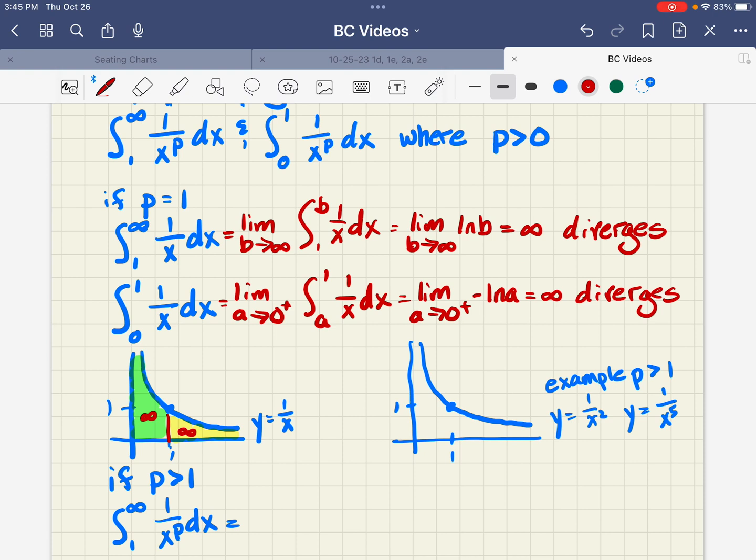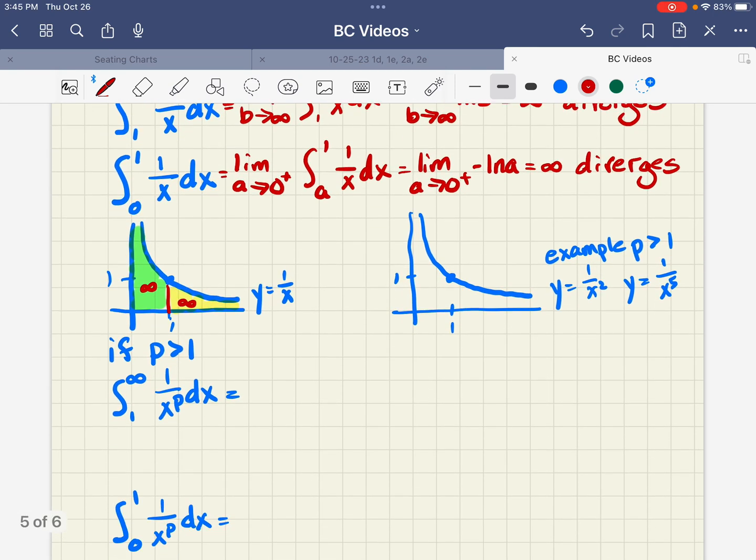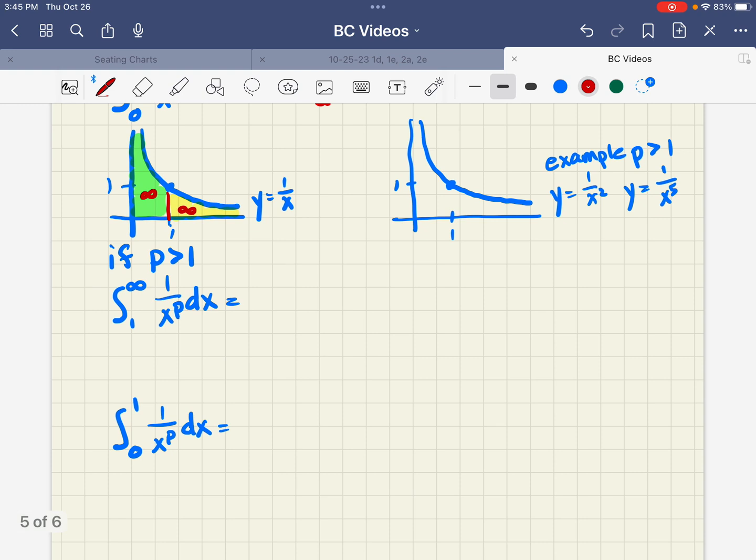All right, so now we're going to look at the next case. We looked at p equals 1. How about if p is more than 1? Well, let's look at this case down here. So if p is more than 1, we're going to rewrite this with a limit as b approaches infinity of the integral from 1 to b of 1 over x to the p dx.